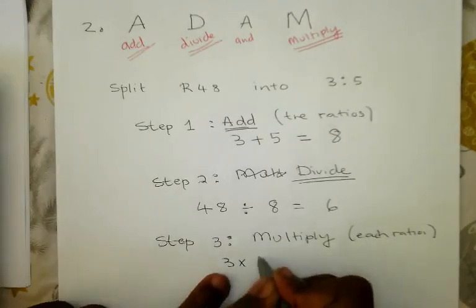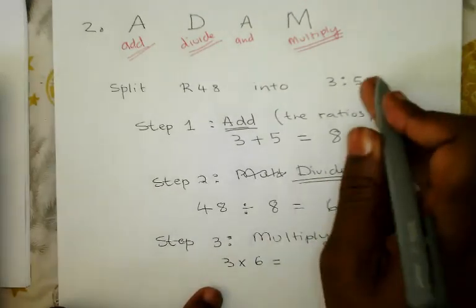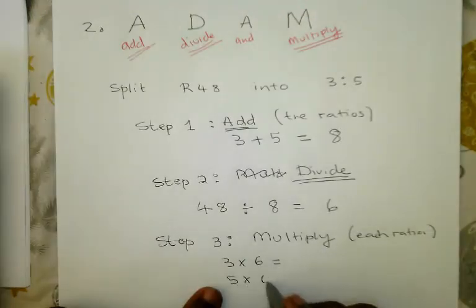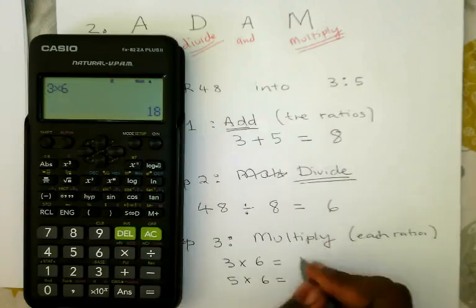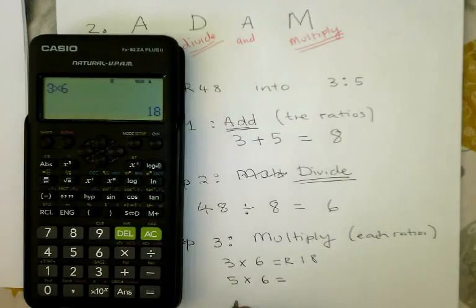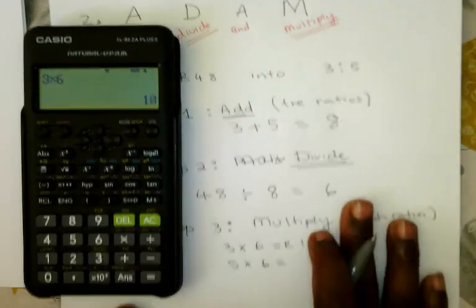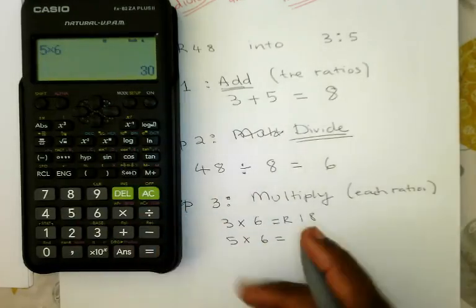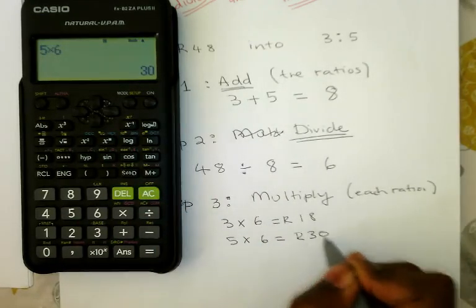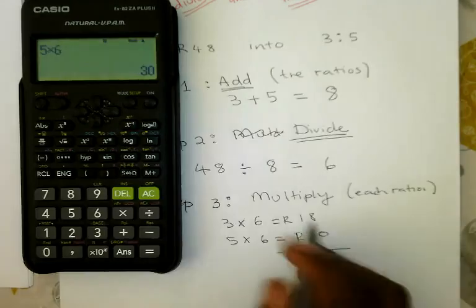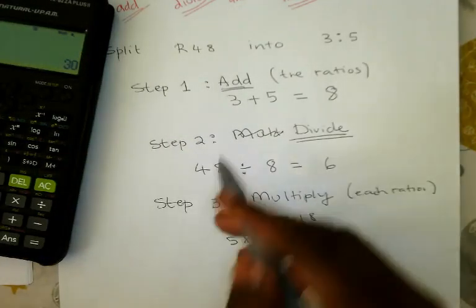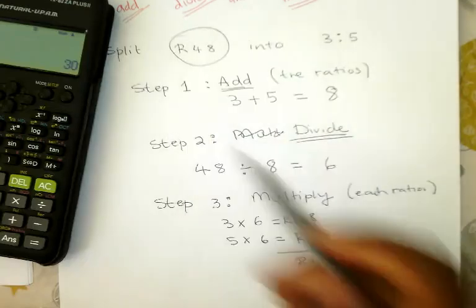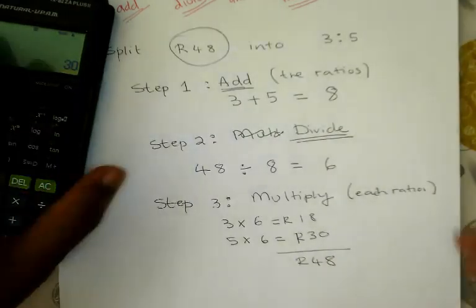The second ratio is 5, 5 multiplied by 6. So 3 times 6 is 18. The first person is going to get 18 rands. And then the other person is going to get 30 rands. So that when we add these 2 together, they should give us the answer that you began with. When you add them up together, it should add up to the total number given.